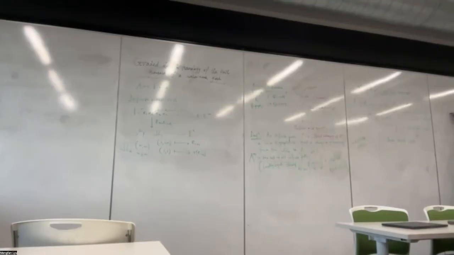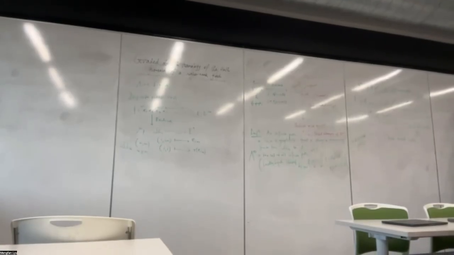Range is x, source is y, and composition is defined in an obvious way. So you can compose when the range will coincide with the source.